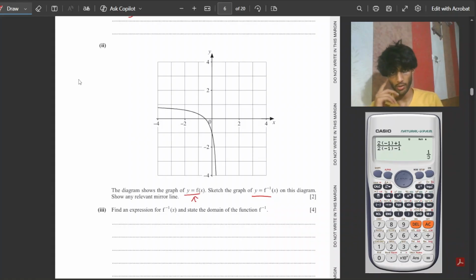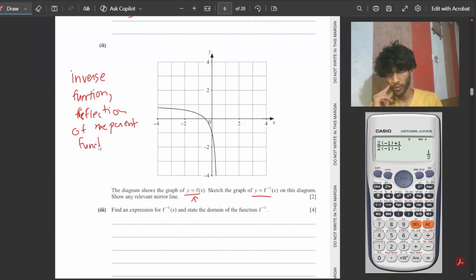Now, try and understand this. The inverse function is basically a reflection of the parent function in the line y equals x.